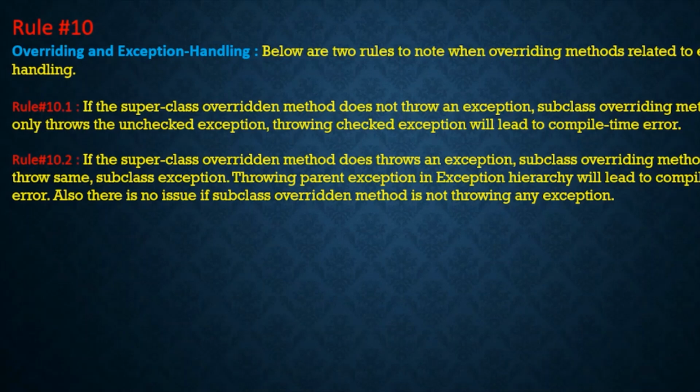If the superclass throws some exception, then the subclass overridden method should throw the same type of exception or a subtype exception. If the subclass overridden method throws a higher exception in the exception hierarchy than what the superclass method is throwing, then the compiler will throw an error.